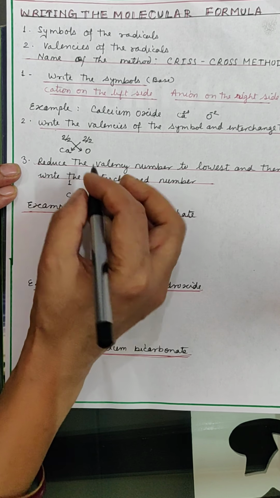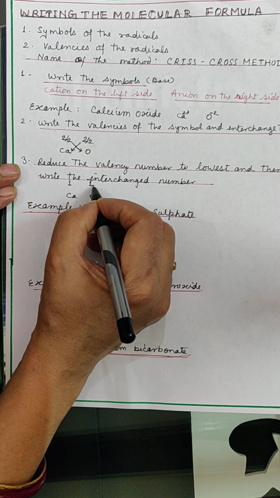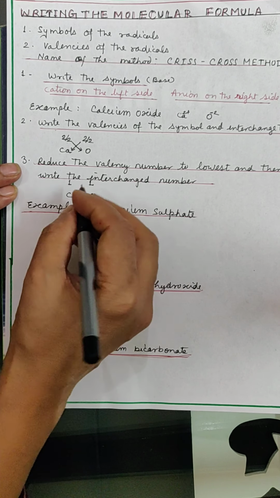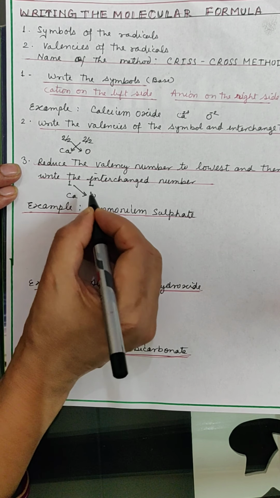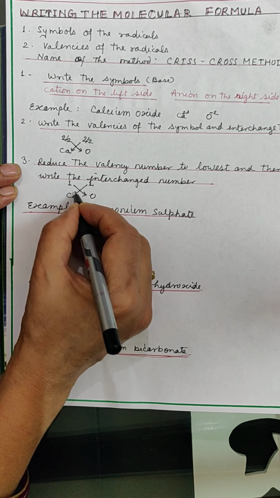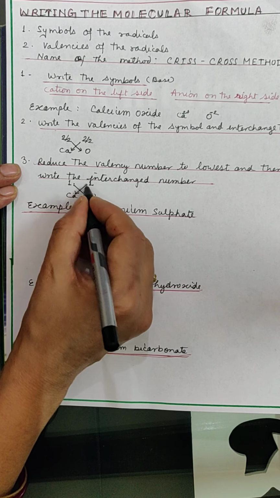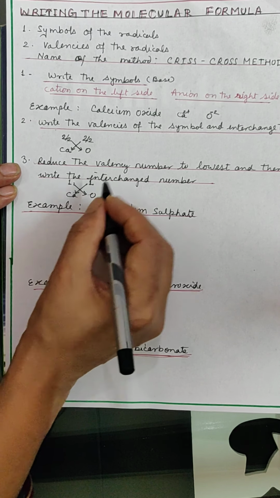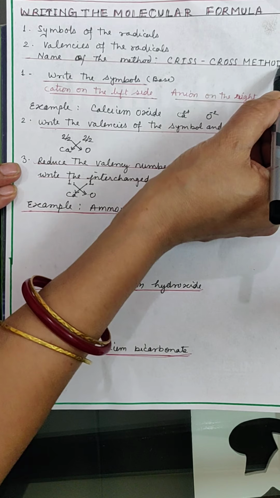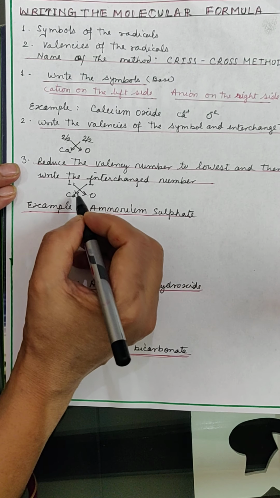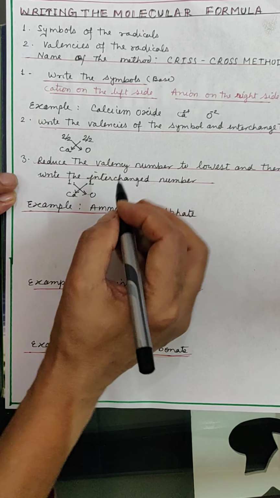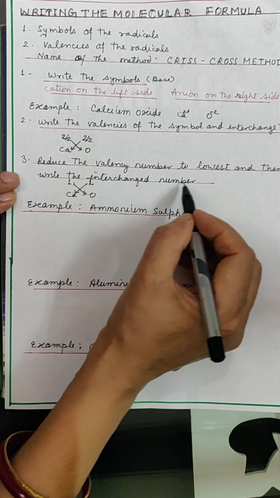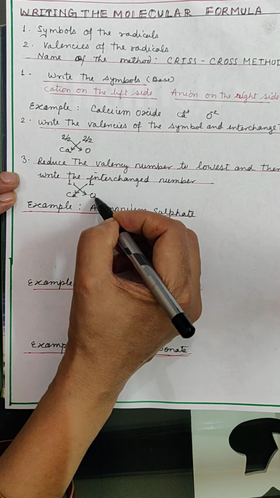Then the valency of cation goes to anion and anion to cation. Because of this interchange, this method is named the crisscross method. After interchanging the valencies, we write the interchanged number below the symbol.